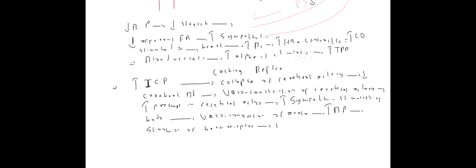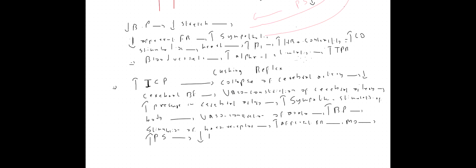This increased firing rate goes to the medulla. The medulla will try to decrease the blood pressure by increasing parasympathetic stimulation to the heart, and your heart rate will drop, which is the second component of the Cushing reflex.